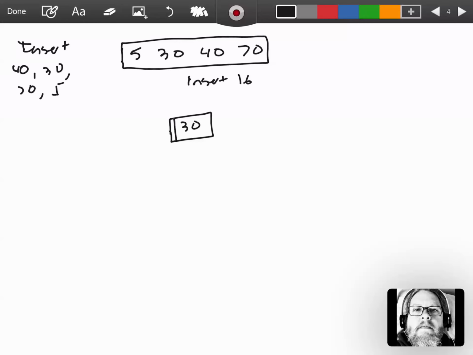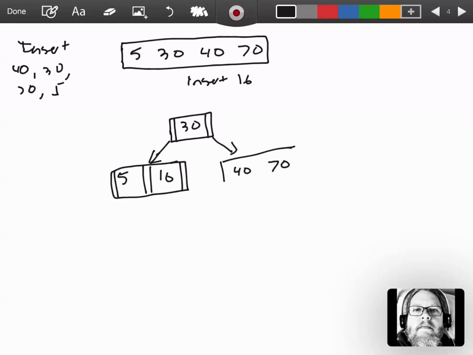We're going to pull that up, and 30 is our new root. On this side we can put the 5 and the 16, so there's a link there, a link there, and a link there. And on the other side, we can put the 40 and the 70.